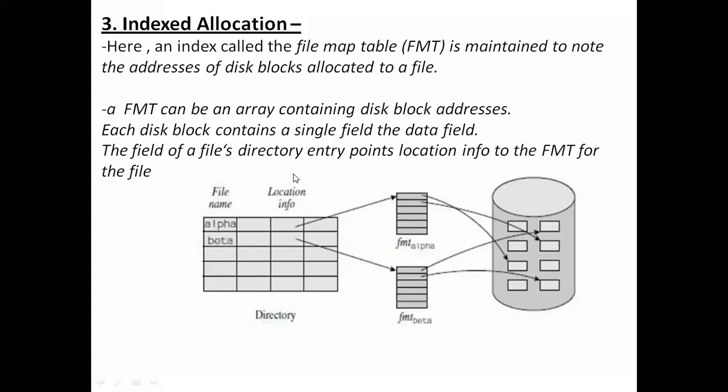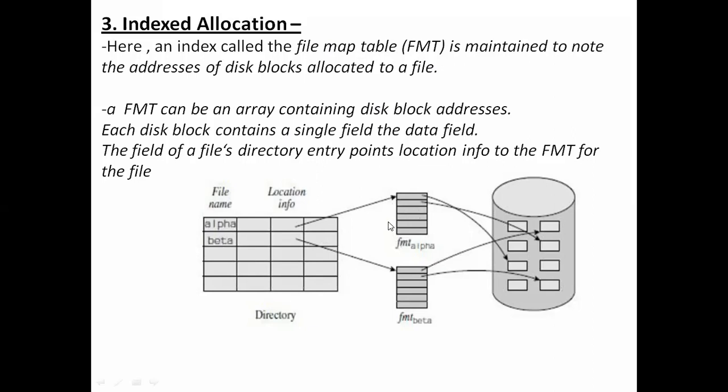As you can see, inside the directory we have two files, alpha and beta, and we use this hard disk where you can find the disk blocks. This FMT stands for file map table, and it contains the addresses of the disk blocks allocated to a file.